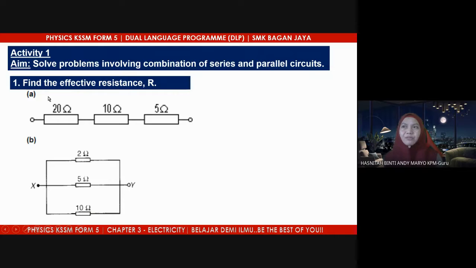This one, the first 2 questions, very simple. Students, find the effective resistance for A. First, what kind of circuit is shown in A? Series. Yeah, very good, series. Just add for series. So 10 plus 20 plus 10 plus 5, R1 plus R2 plus R3 gives you 35.